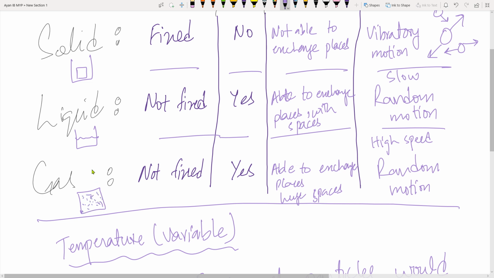So these are the three forms in which we're going to see the particles, as we predicted. In the solid, the particles are far more well arranged, but they're not able to move about. So we don't need a lid for this, nor for this, but for this we need a lid, because the gas would escape.